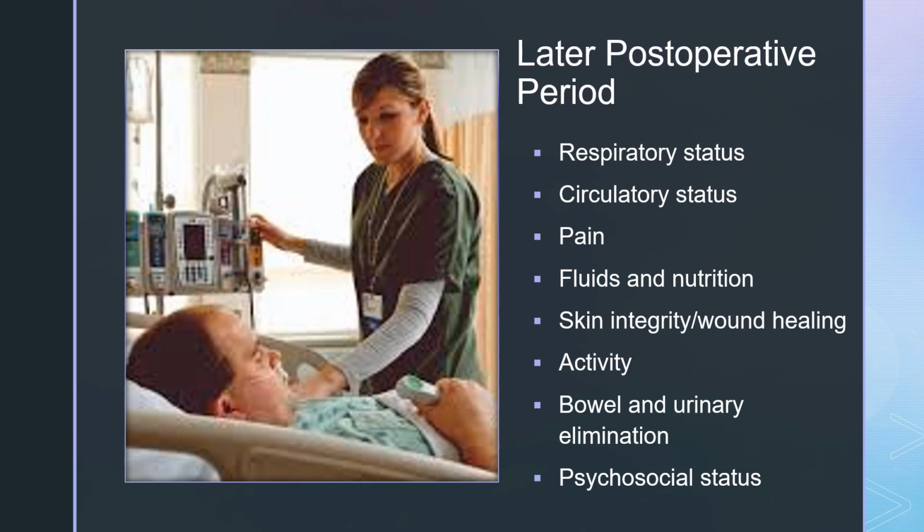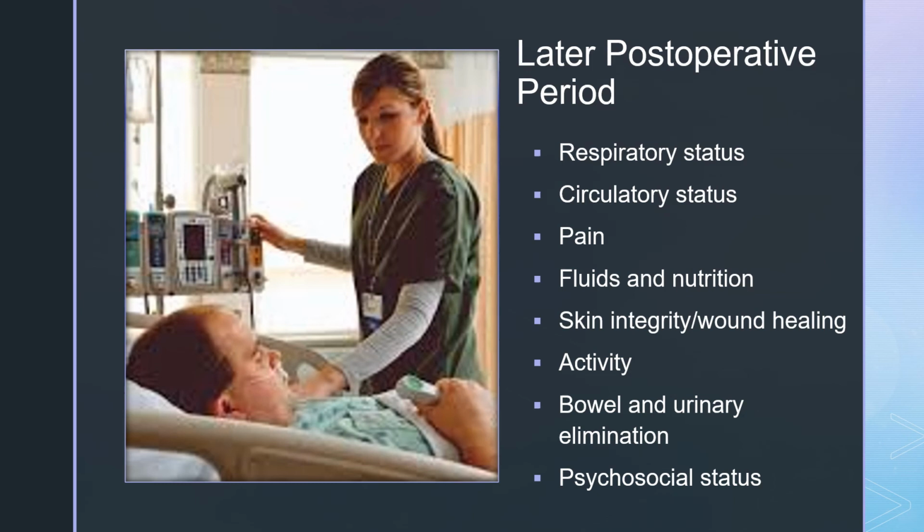Urinary elimination can be difficult after surgery. So if a client is unable to void within 8 hours postoperatively, we encourage voiding, but it may require straight cathing this client. But we give them, again, up to 8 hours before we get overly concerned.